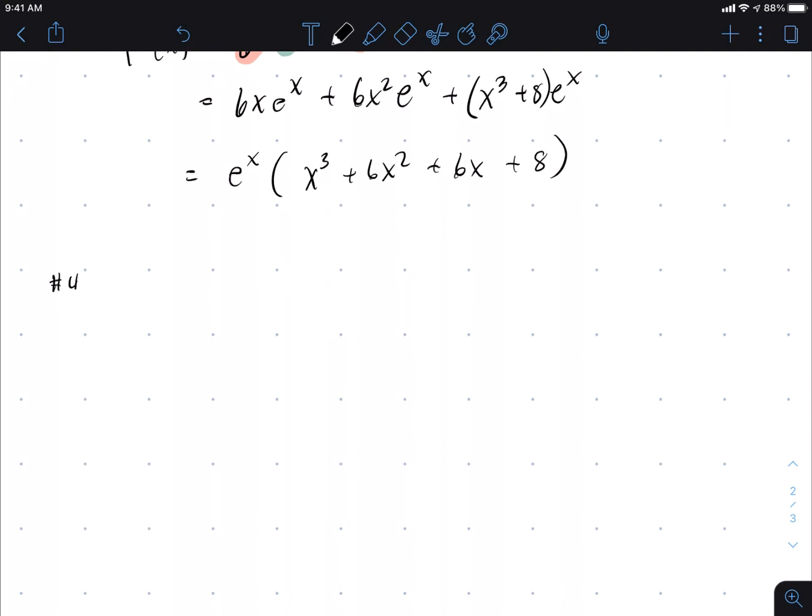All right, here's number 4. Again, we're going to find the first and second derivative. And here, I want to give you guys a chance to try this. Nothing like being able to struggle, right?